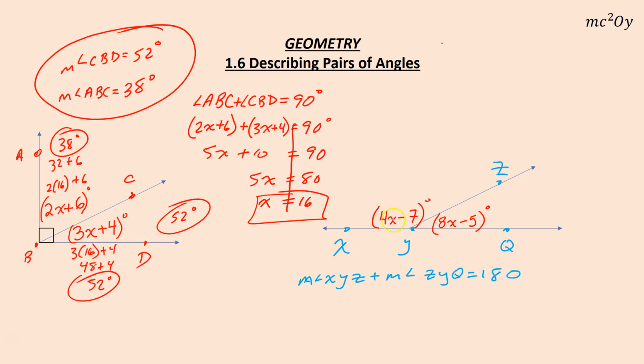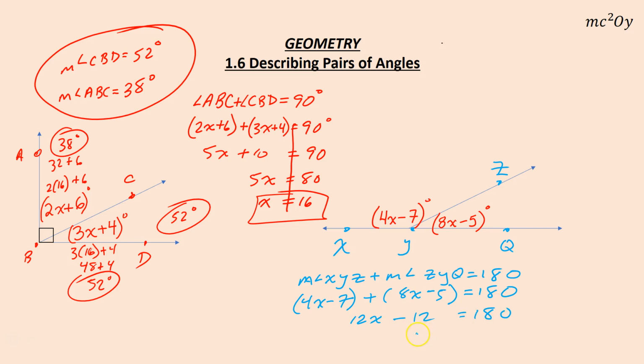And so going through the math here, XYZ is 4x minus 7. That's the expression there. Plus ZYQ is 8x minus 5 equals 180. And just, once again, dropping parentheses because they're not doing anything, we get 12x minus 7 minus 5, which is minus 12, equals 180.